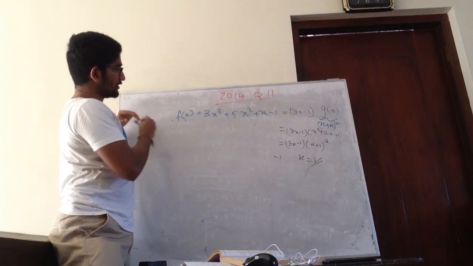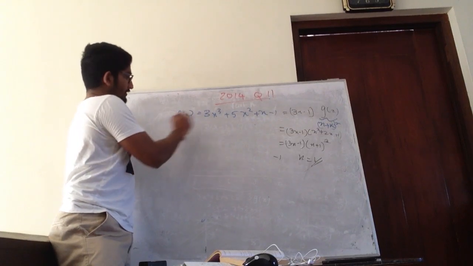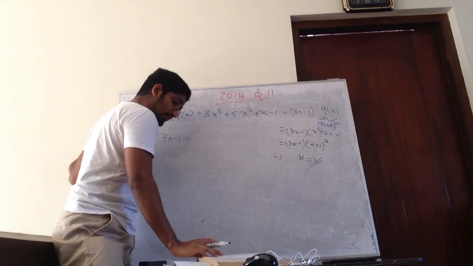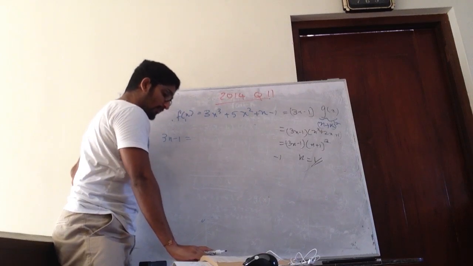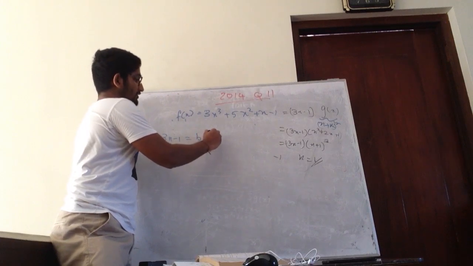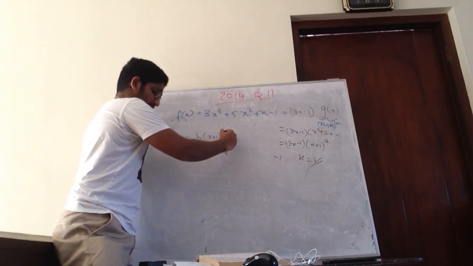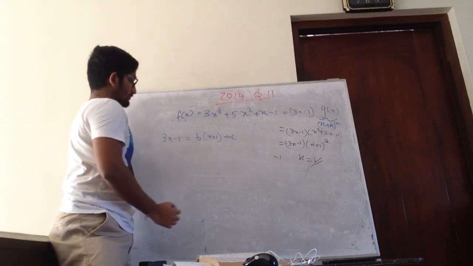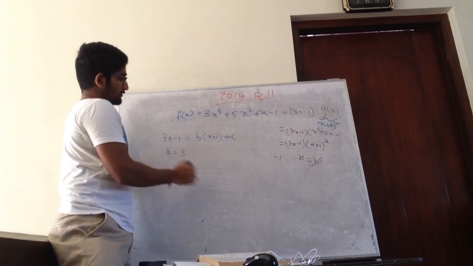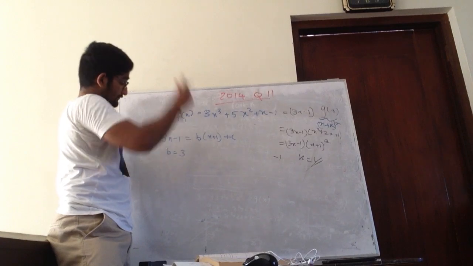So basically we have 3x minus 1. They are asking us to write that in the form of b times x plus 1 plus c. So basically b will be 3 if you compare these.